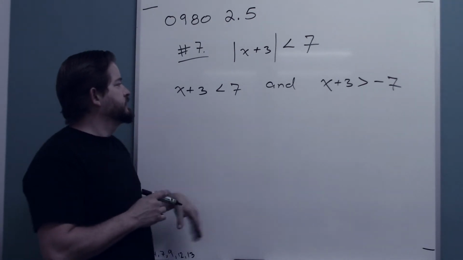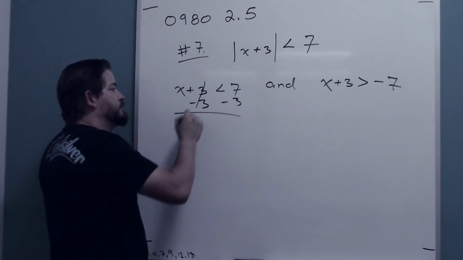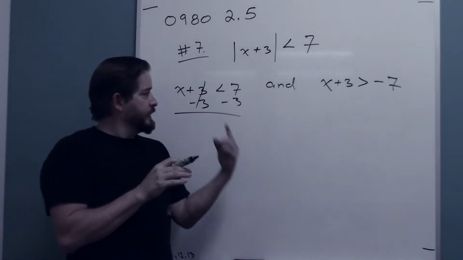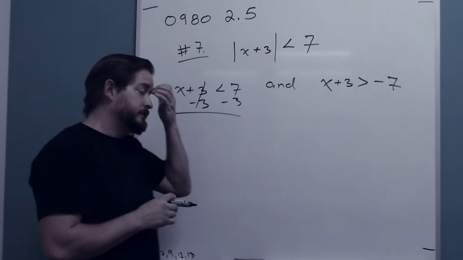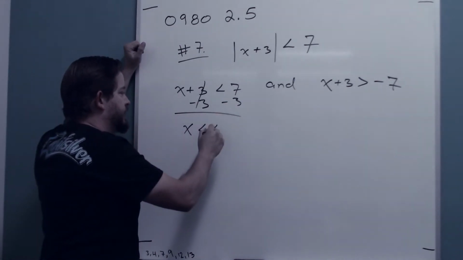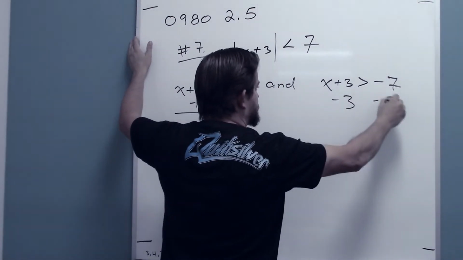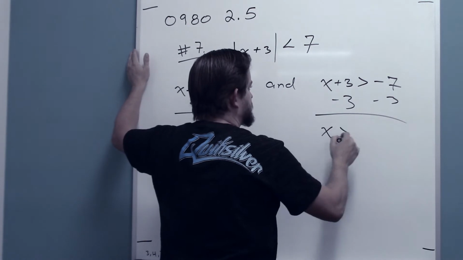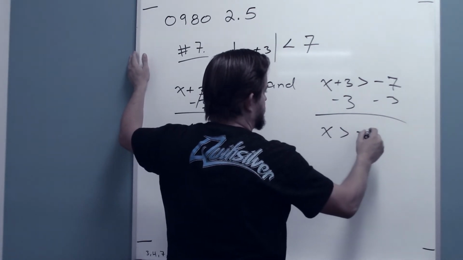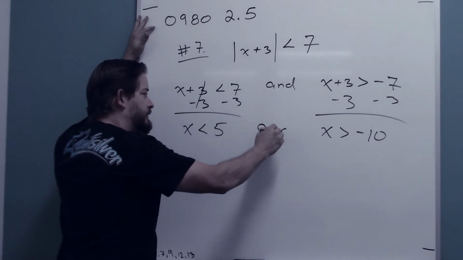And then I just solve each of these individually. Minus 3, and if you are a visual person, you're just looking at a graph that is now being shifted by 3 units. This x then is less than 5. Minus 3 gives me x is greater than negative 10, and it's still an and.